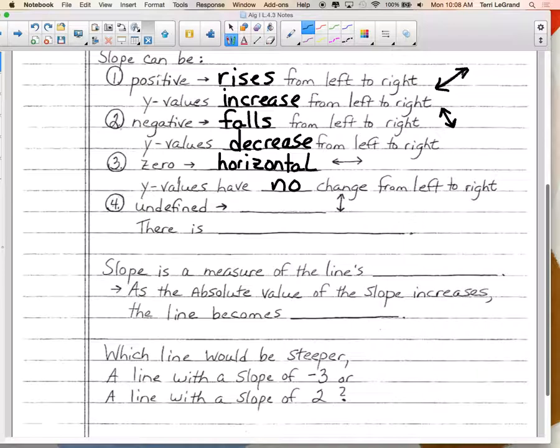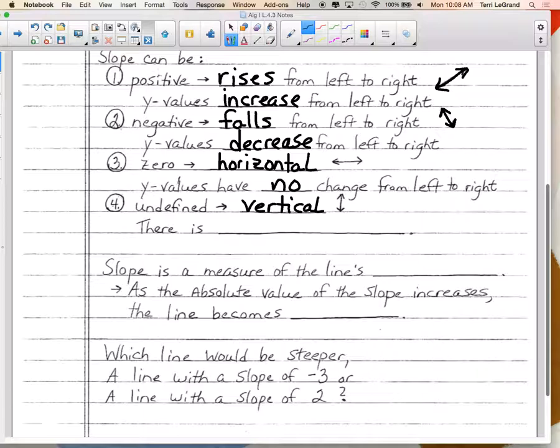Well, undefined is what kind of a line? Vertical. Does anybody know why a vertical line has an undefined slope? Which way is it not going anywhere? The horizontal. It's not moving, it's not running any, is it?